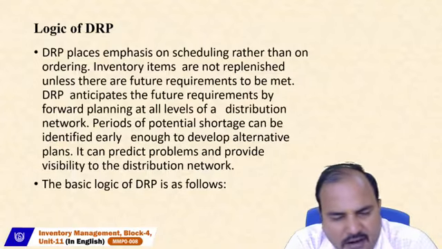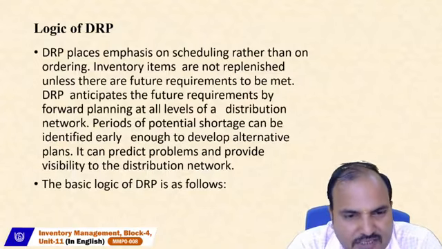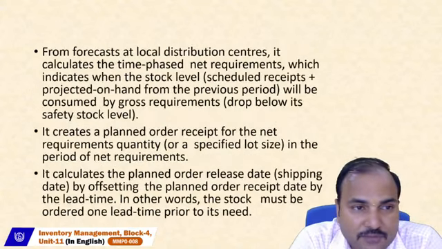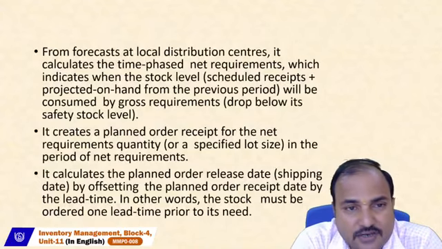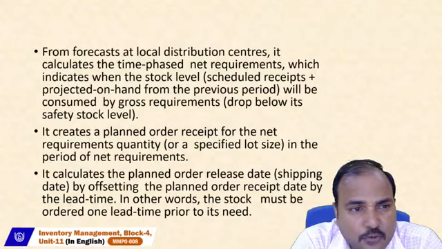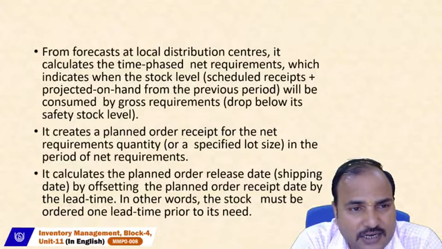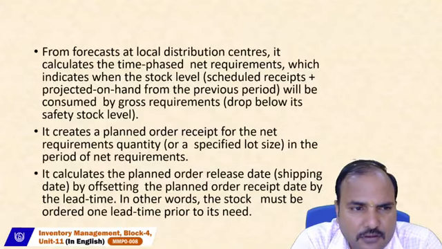And the basic logic of DRP is as follows. From the forecast at local distribution centers, it calculates the time-based net requirements, which indicate when the stock level, that is the scheduled receipts and projected on hand from the previous period, will be consumed by the gross requirements.